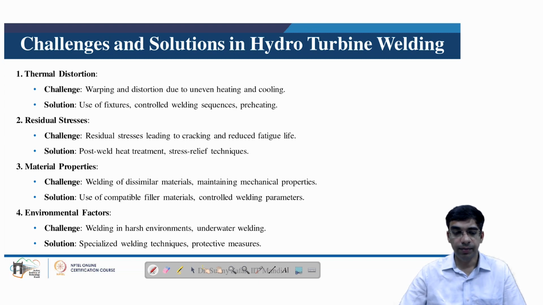Residual stresses can also be a significant challenge, leading to cracking or reduced fatigue life. Post-weld heat treatment and stress relief techniques can be employed. Material properties, especially when welding dissimilar materials, can be addressed by maintaining the mechanical properties, using compatible filler materials, and controlling welding parameters.